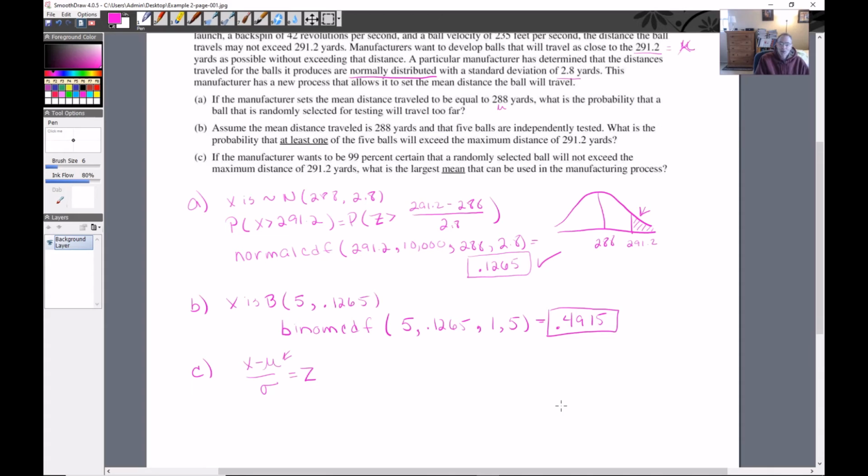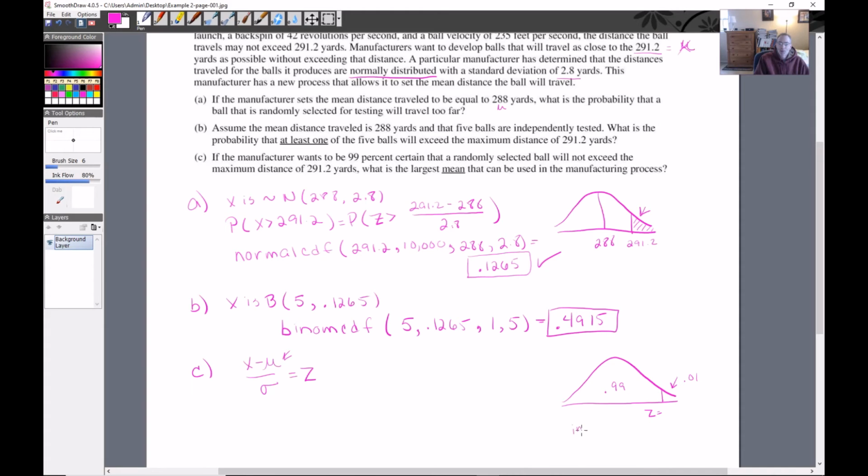All right, so let's kind of draw this thing out. And they want to be 99% certain, right? So that's your lower 0.99. And then, there's that 0.01 that's left over to make a full 1. So we need a z-score at that cut point.